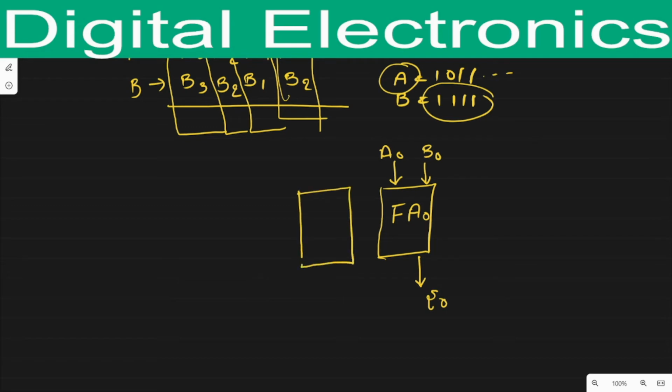The second full adder is F1, its input bits are A1 and B1, and its sum bit will be S1.